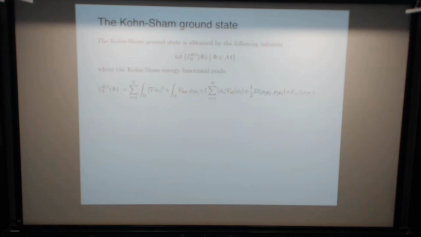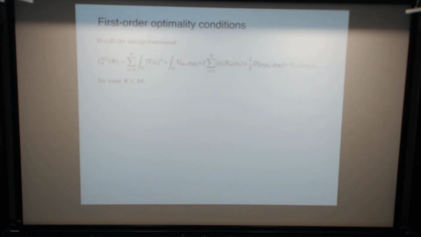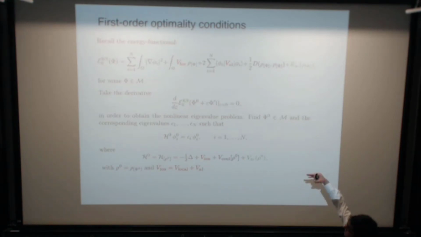And if you would know the exact electronic density, then you would have a linear eigenvalue problem and you're looking for the first n eigenvalues of this operator. But these orbitals are coupled with the density through the relation that I showed at some point.